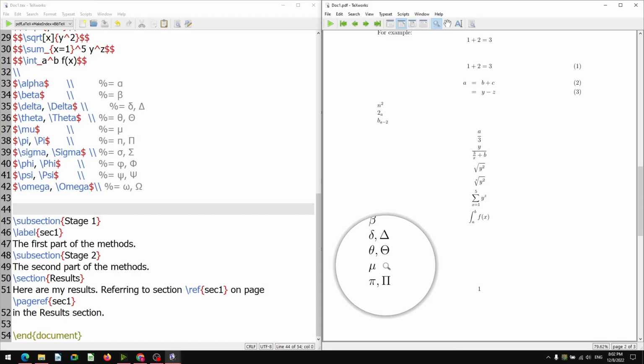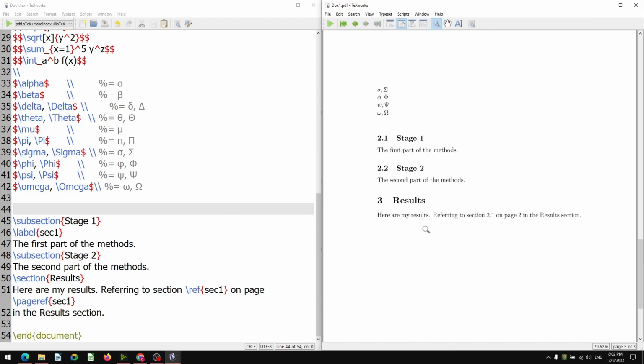Then mu is there, pi is there. Similarly, sigma, capital sigma is there. Phi, capital phi, psi, capital psi, omega, capital omega are written. Thank you.